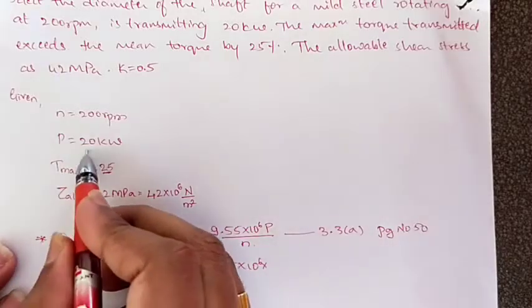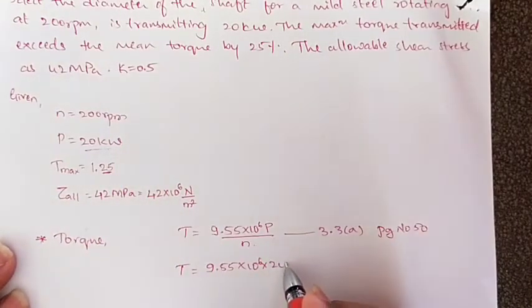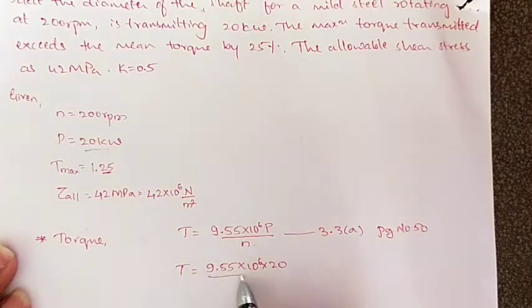P value, how much is given? 20 is given. You have to take it in terms of kilowatt, so 20 only you have to consider. Divided by N. N is given as 200 rpm, so 200 you have to take. Now when you find this value, the torque comes out to be 955 into 10 raised to 3 Newton millimeter.